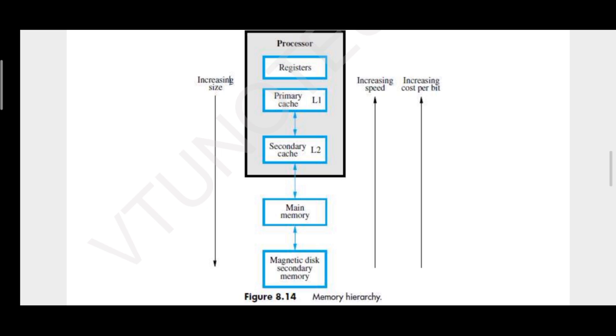Why only the recently stored data? Because there is a probability that recently accessed data will be required in the near future. That is the general principle of data accessing. Because of that, the recently accessed data will reside on the cache.